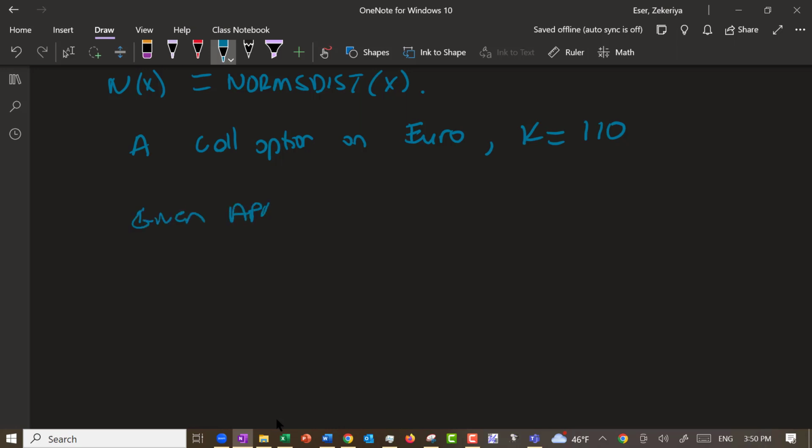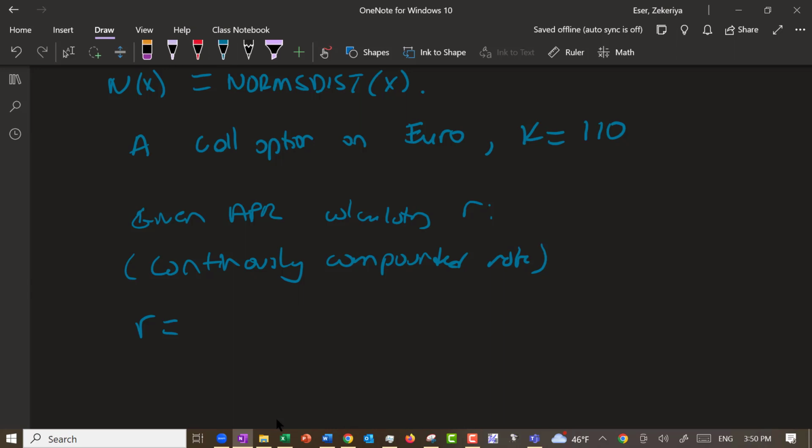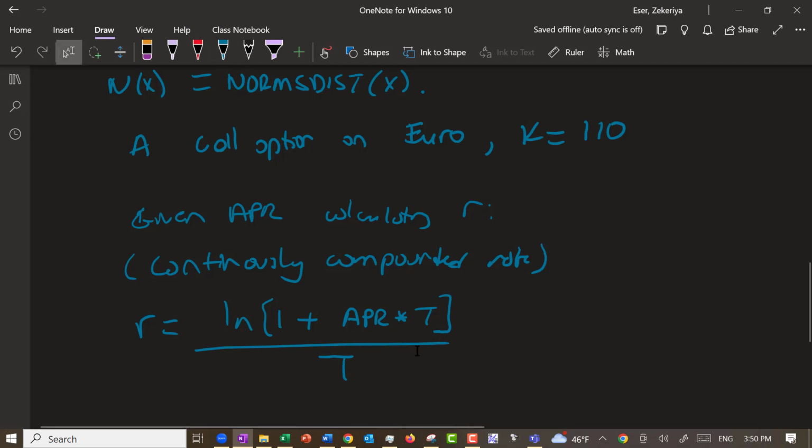Given APR, calculating R, which is the continuously compounded rate, is positive ln of 1 plus APR times T, divided by T. Remember, APR doesn't give you the interest rate over a year.